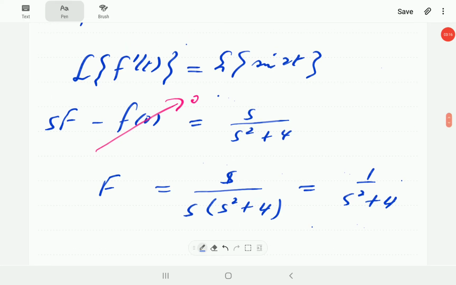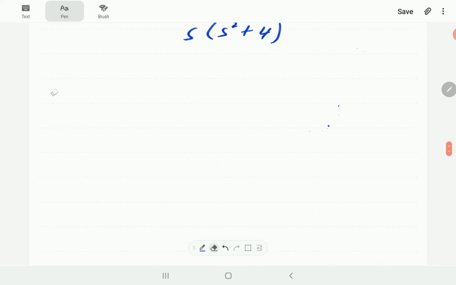Alright, so apologies here, there is just a typo. The Laplace transform of sine 2t is 2 over s squared plus 4. So this is going to look like that. So that's going to be the Laplace transform of sine squared t.